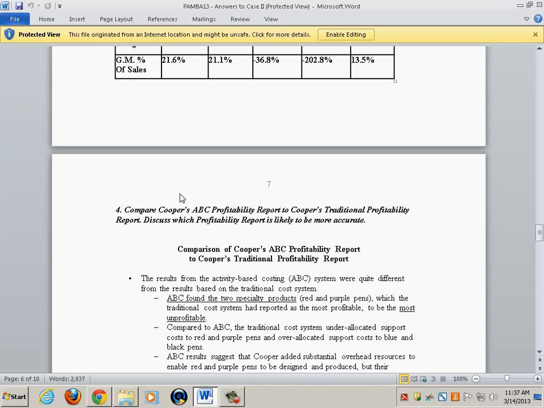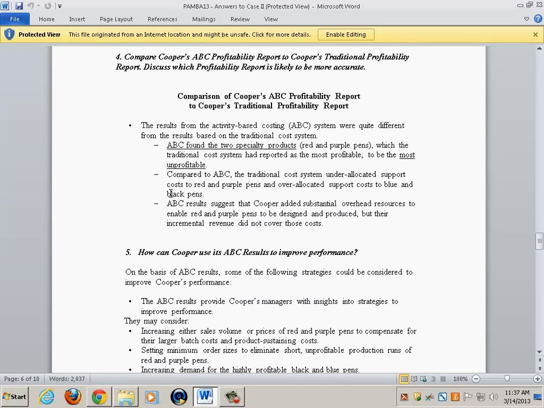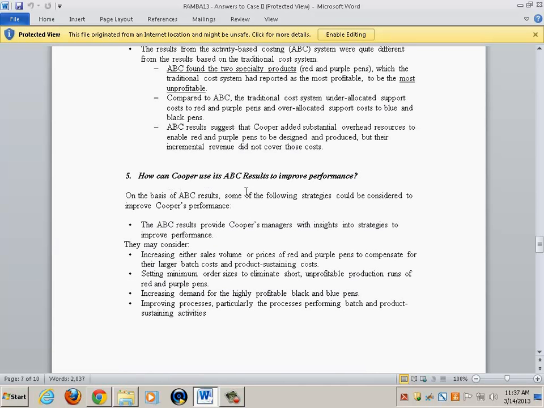The next step was a requirement, but we're going to use activity-based costing numbers, and use its results to improve performance.